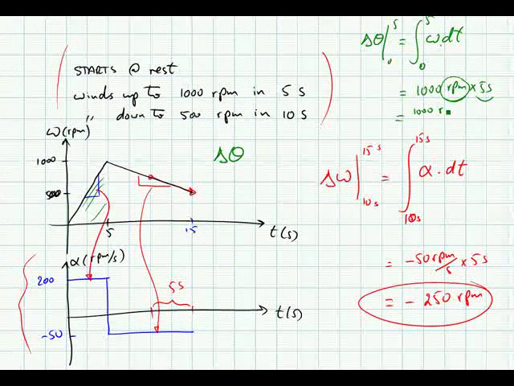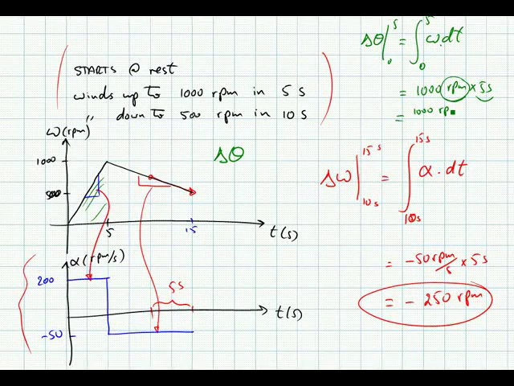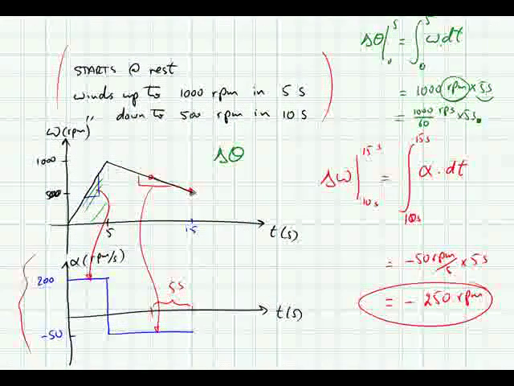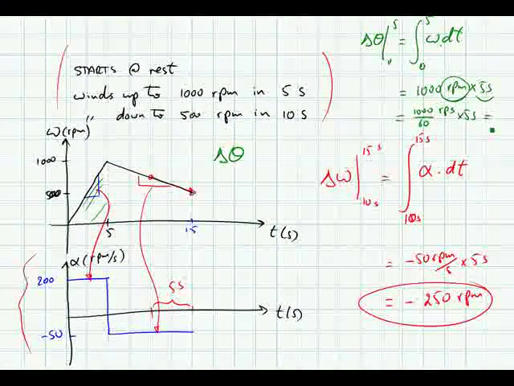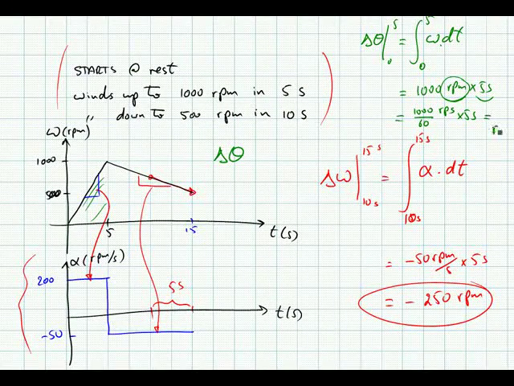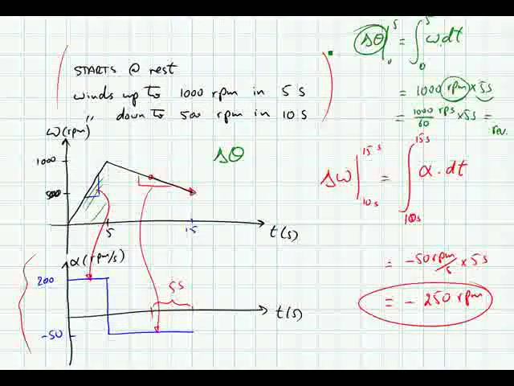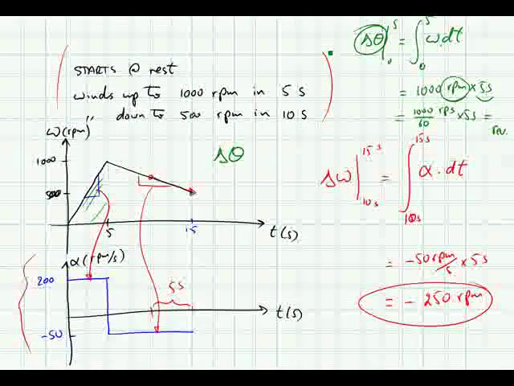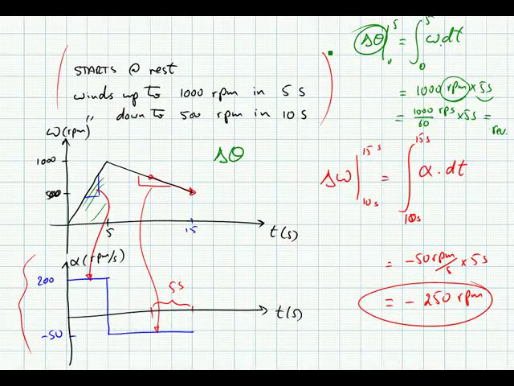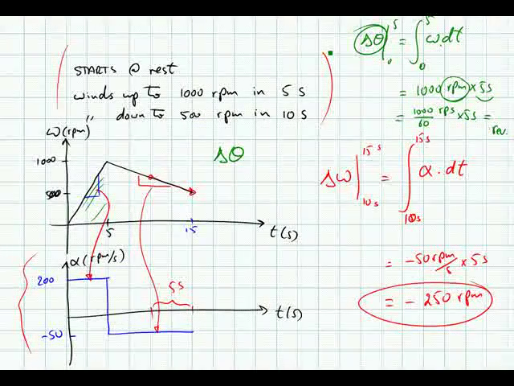So that's 1000 divided by 60 revolutions per second, times 5 seconds. Multiply it out, 5000 divided by 60, and you get a number of revolutions, which relates to angular displacement. So take care to not mix minutes and seconds.